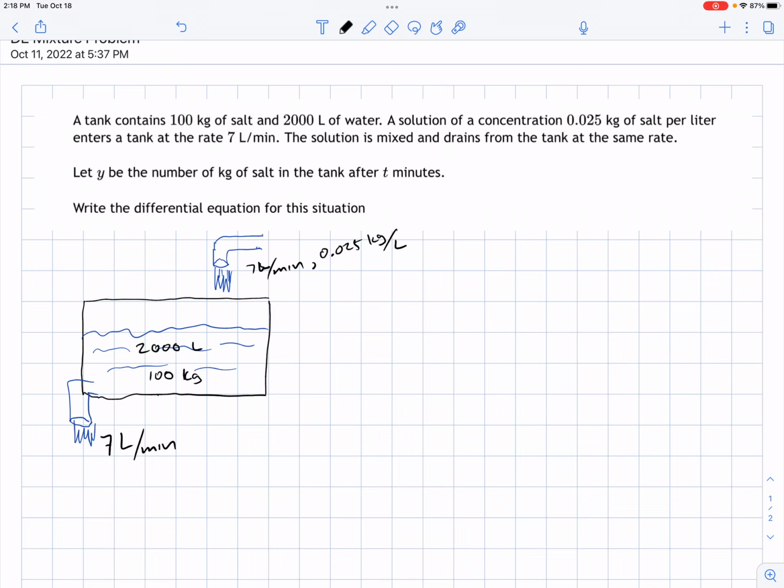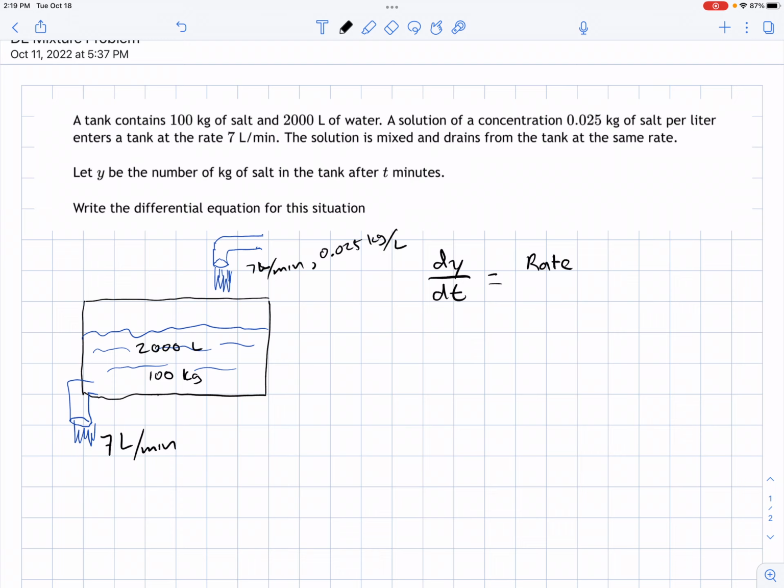We know we are going to be looking at a rate, the rate of salt entering and leaving at a certain time.